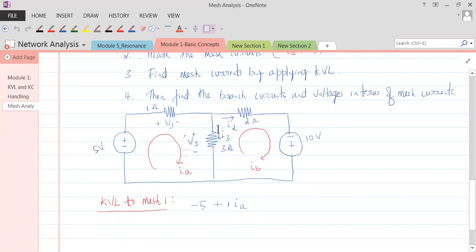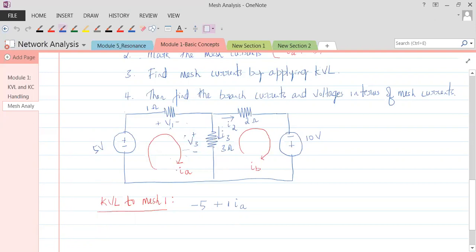But if you see the direction of the currents flowing through 3 ohms, IA is flowing downwards, whereas IB is flowing upwards. And in which mesh am I operating? I'm operating in mesh 1. When I'm operating in mesh 1, IA is moving downwards through this 3 ohms and IB is moving upwards through this 3 ohms. So what would be the voltage across 3 ohms because of IA, IB flowing there?